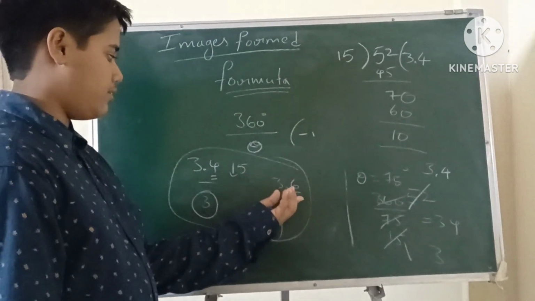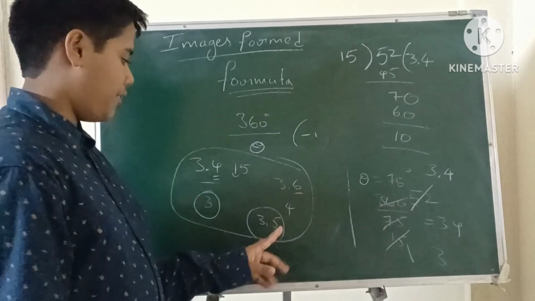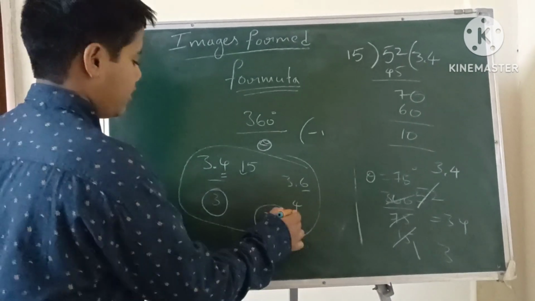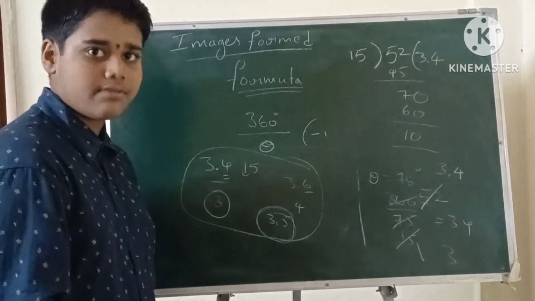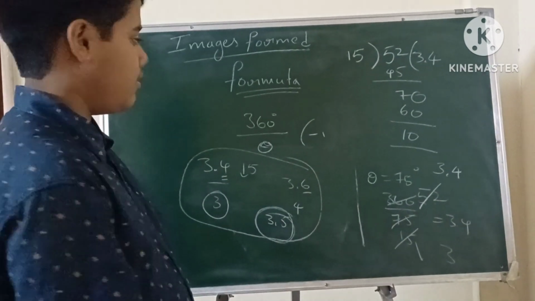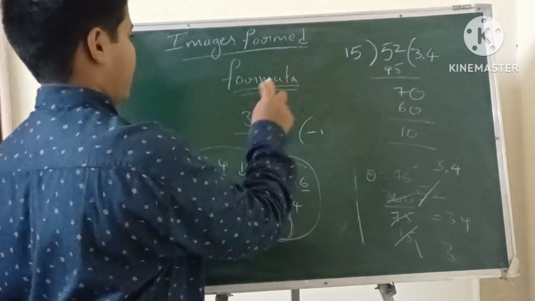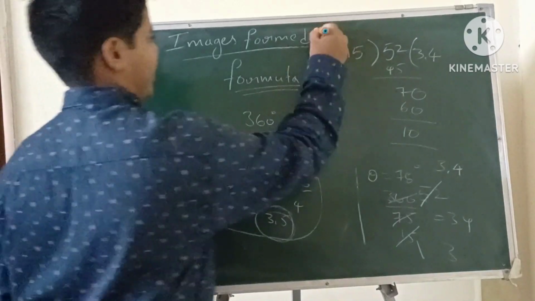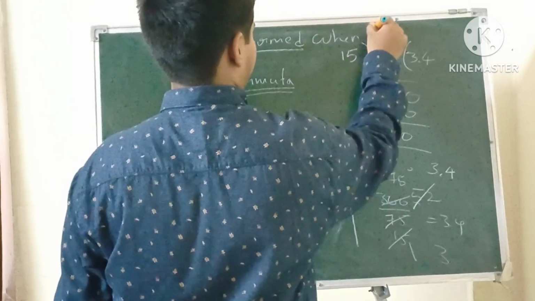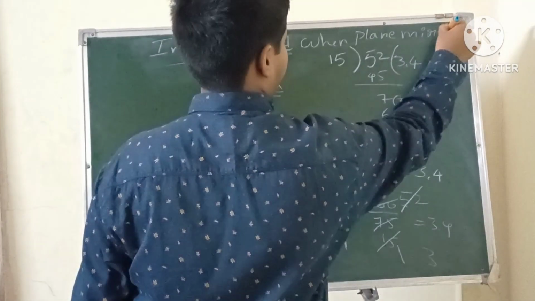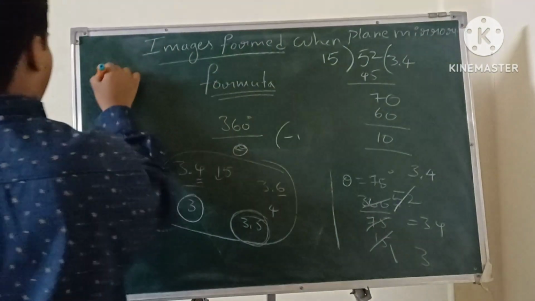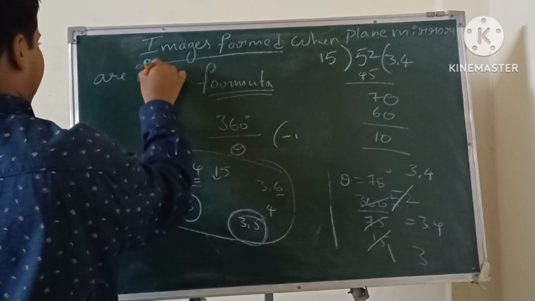When it is above 5, we take 4. When the value is 5, we take 3.5 only because half of the image is formed. So these are the images formed formulae when plane mirrors are inclined.